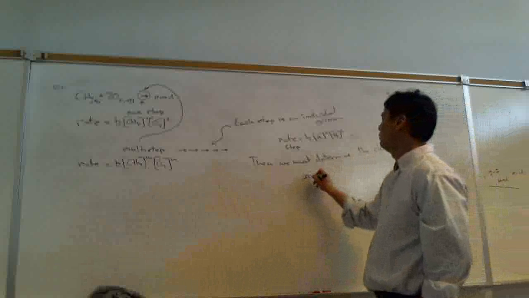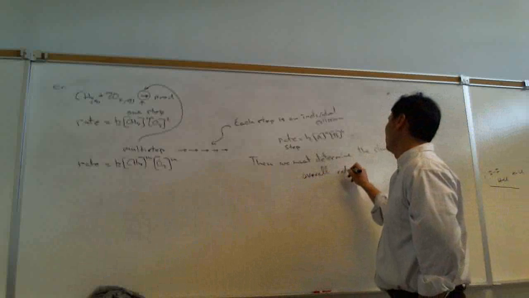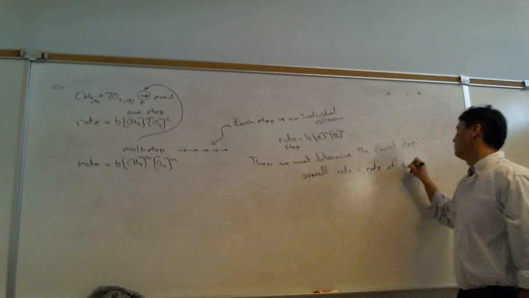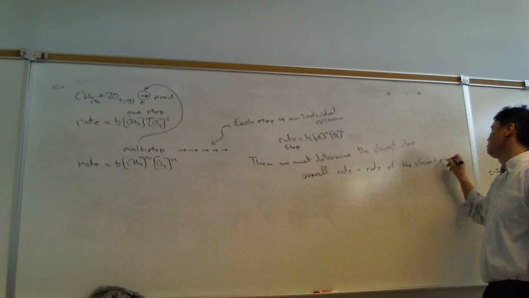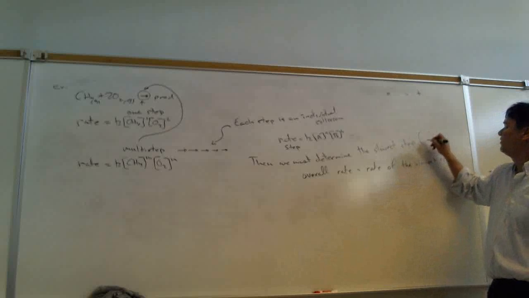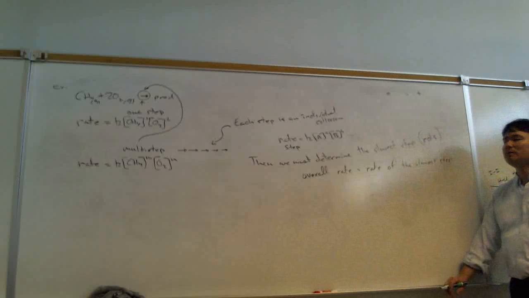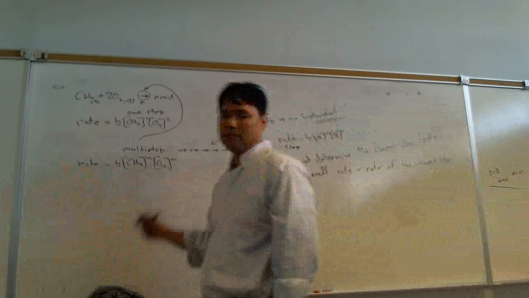Then the overall reaction rate is equal to the rate of the slowest step. The slowest step is called the RDS. RDS stands for rate determining step, and it's the bottleneck in the steps.